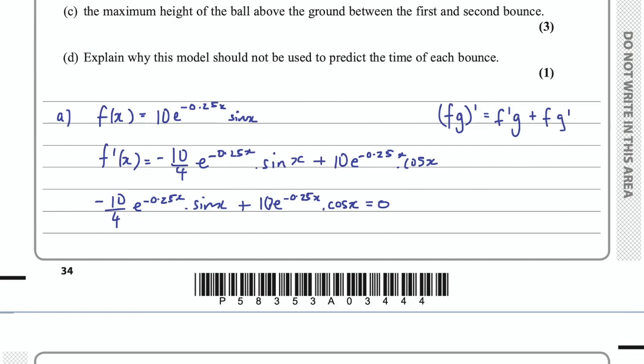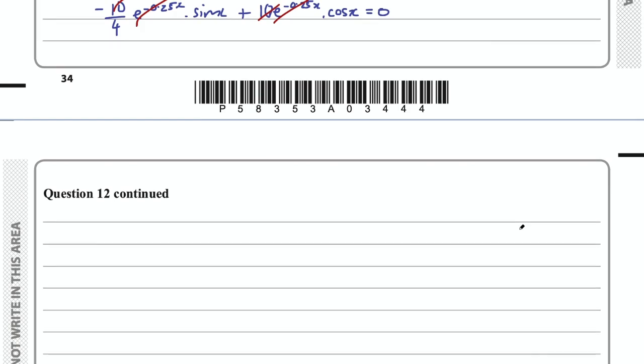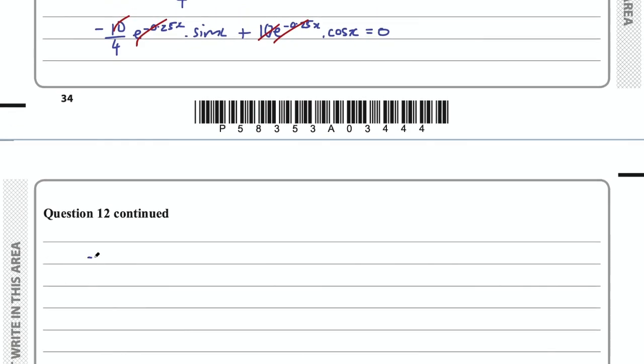And then we can cancel a bunch of things. So if we divided by e to the power of 0.25x, they would cancel out. Also the 10s would cancel out. So what we're left with here is negative a quarter sine x plus cosine x equal to 0.